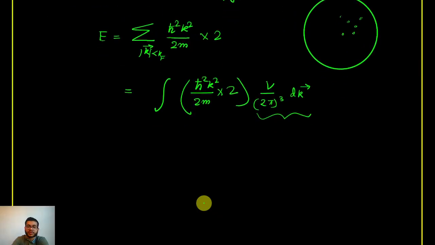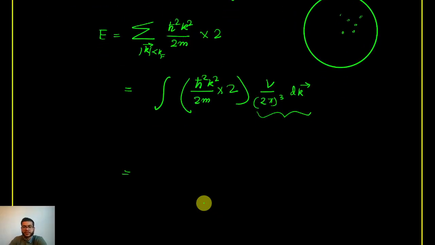So this is what we multiply it with. When we do that, this dk, for a spherical system, will be given as 4 pi k square dk, but this k is no longer a vector, it is the magnitude.